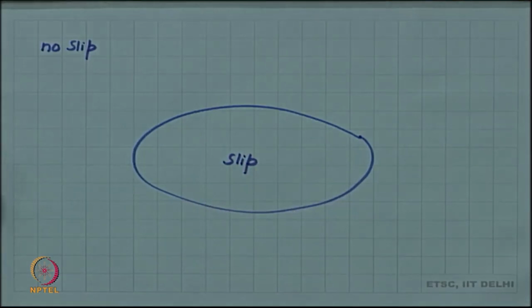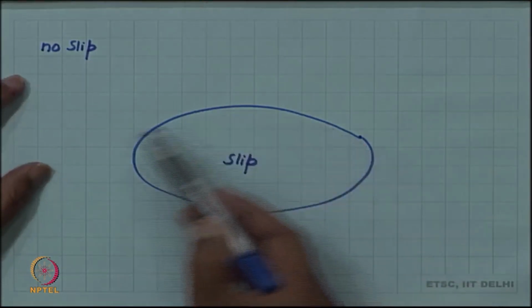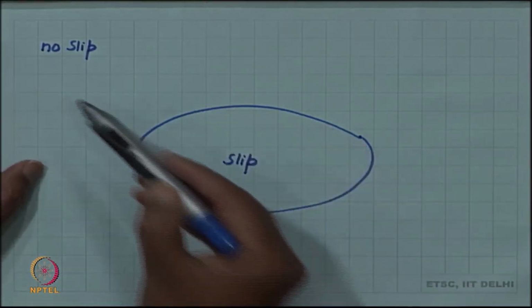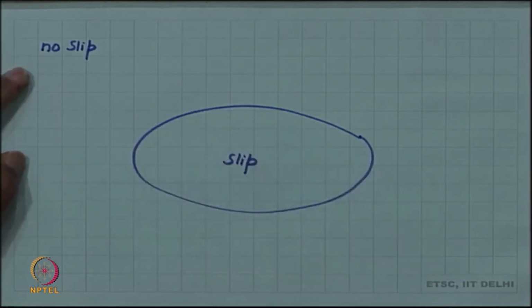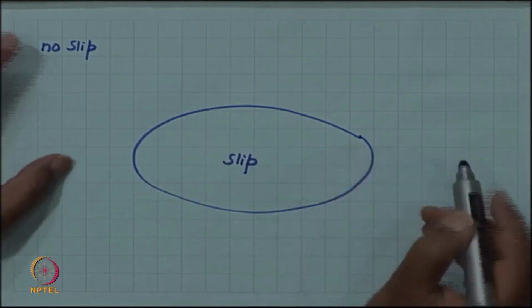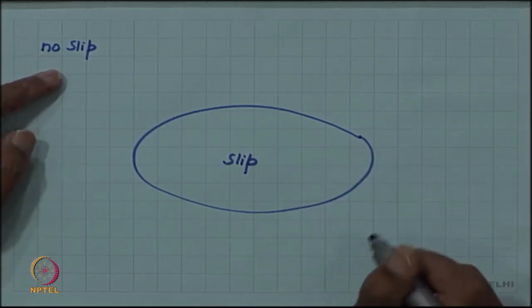So, this loop also qualifies the definition that it is a boundary between a slipped region and an unslipped region. So, the slip is happening now inside this loop and the outside has not slipped. So, this becomes a dislocation line.